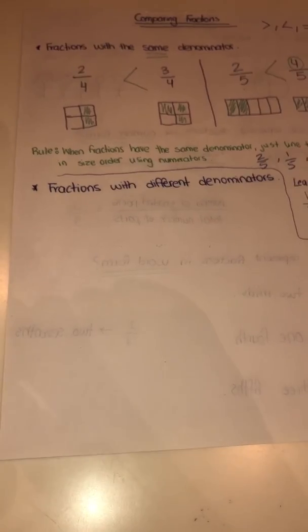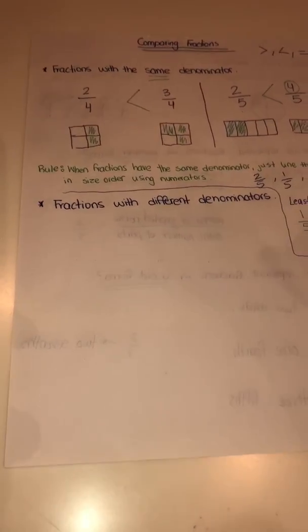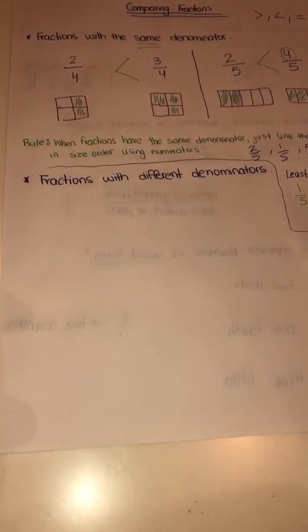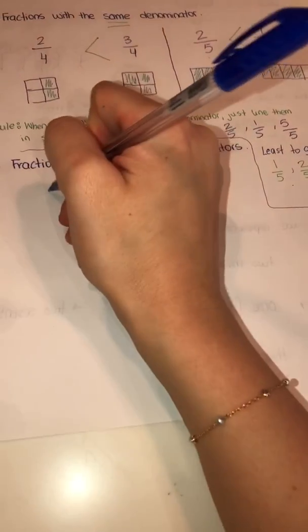Now, we're gonna move on to the second option, when I have fractions with different denominators. Now, this option does not have a rule. All we need to do is draw to find out which fraction is greater and which fraction is smaller. So, let me give you an example.